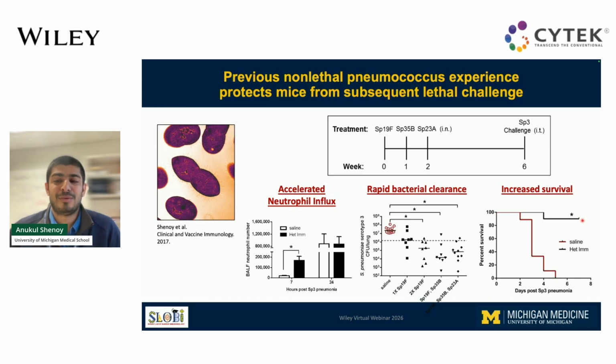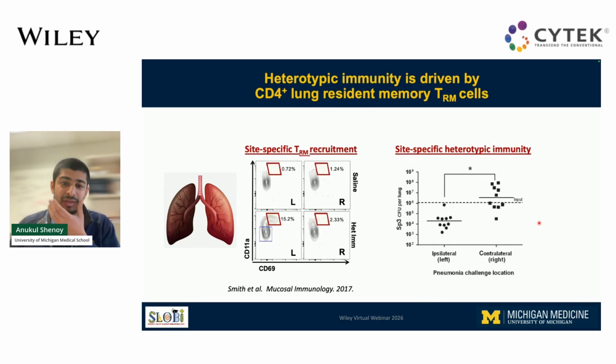Mechanistically, what we found as the main driver of this was a neat experiment run by Dr. Nicole Smith in Jay Misgard's lab, where she exposed the mouse to the non-lethal isolates only in the left lung. So essentially the right lung of the exact same mouse acted as the control, and both lungs technically share the same circulation.